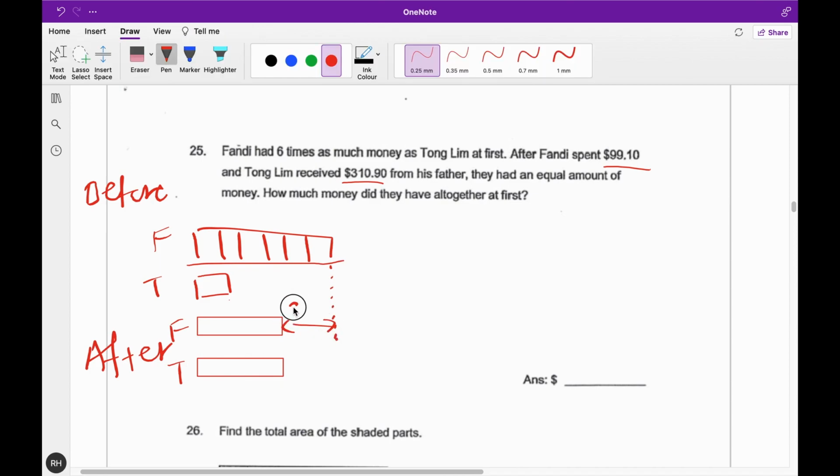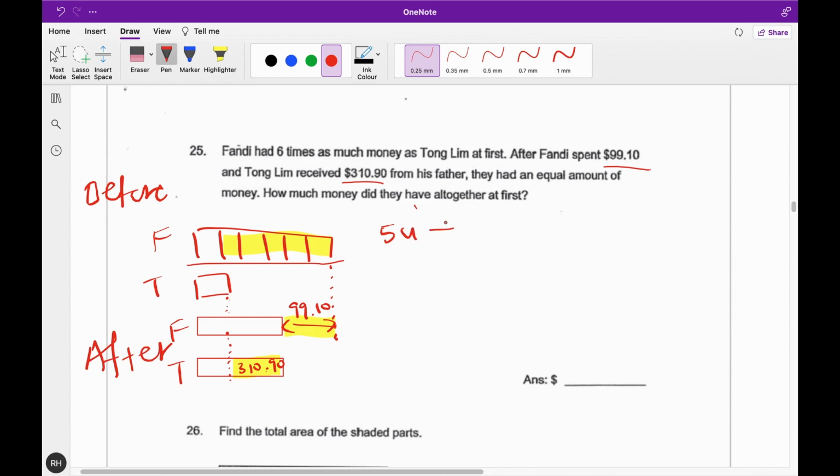This is equals to 99.10, and then for Tong Lim, this part here is equals to 310.90. So we can see from here, this part plus this part is also equals to this whole rectangle over here. So how many units is 1, 2, 3, 4, 5?